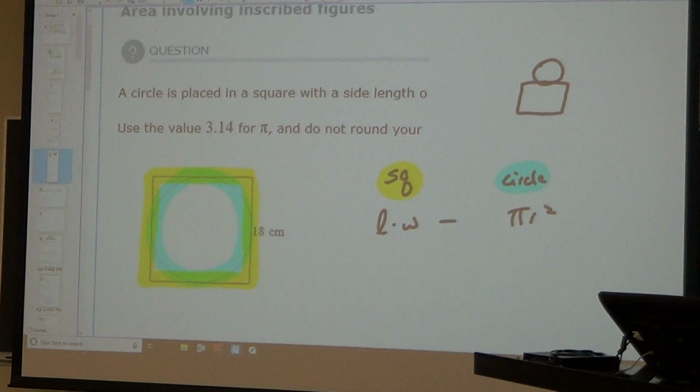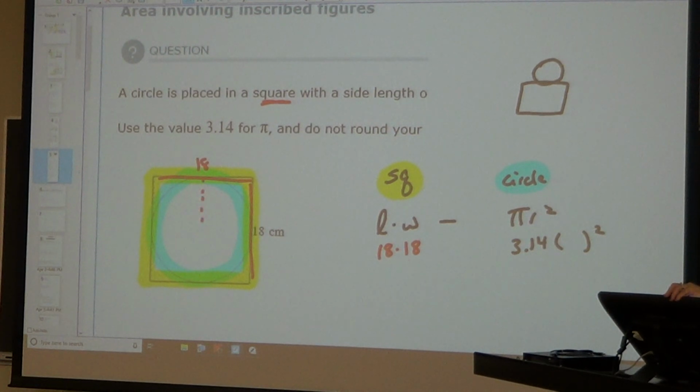All right, what is the length and width of my square? 18. 18 times 18, because a square means both sides are the same. Now, for my circle, 3.14 times what squared? I need to know my radius. 9. Good.